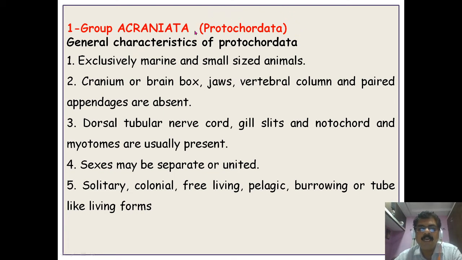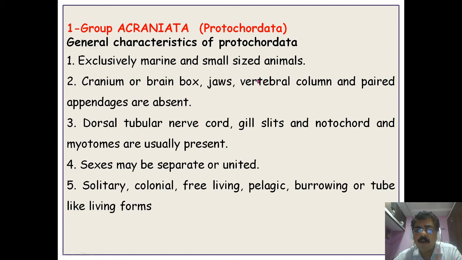These Protochordates or Acraniates are exclusively marine animals, and these are small sized animals. In Acraniata or Protochordata, the cranium or brain box is absent. Jaws are lacking. There is no vertebral column.